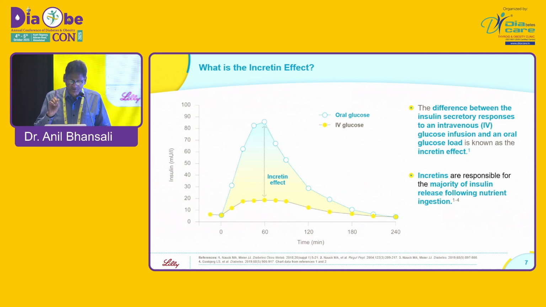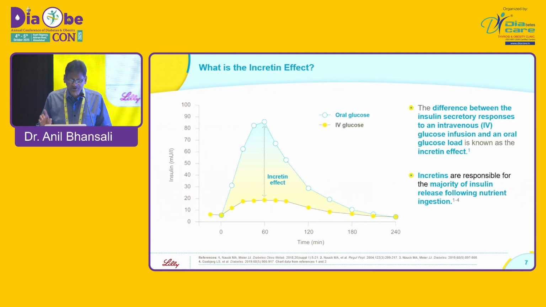At that time there was no facility for blood glucose estimation, so they just demonstrated a reduction in glucosuria. So the reduction in glucosuria by the duodenal extract in patients with diabetes was the first observation, and this was published in clinical biochemistry in 1903. So the concept of incretin first came in 1903.